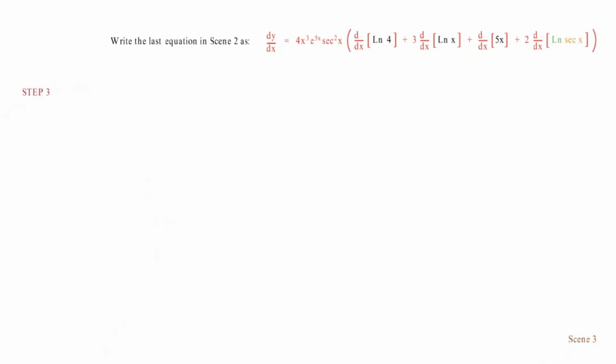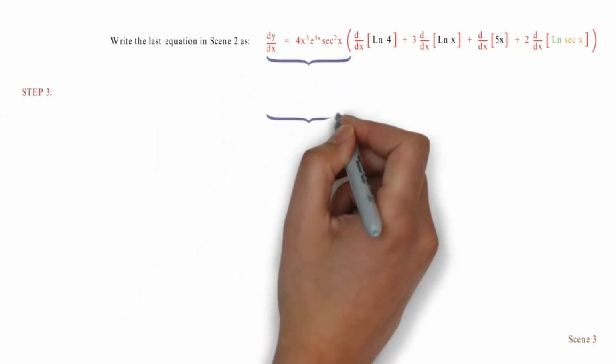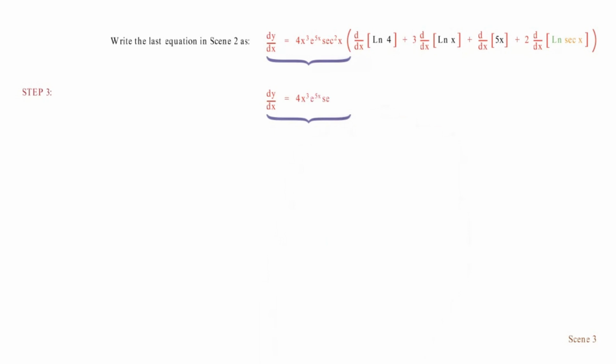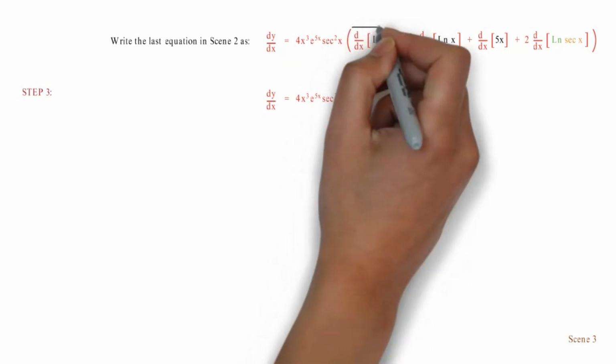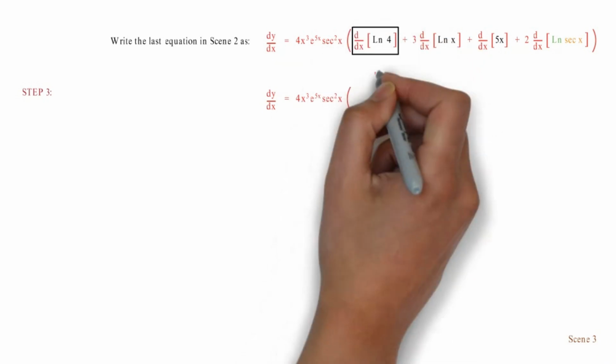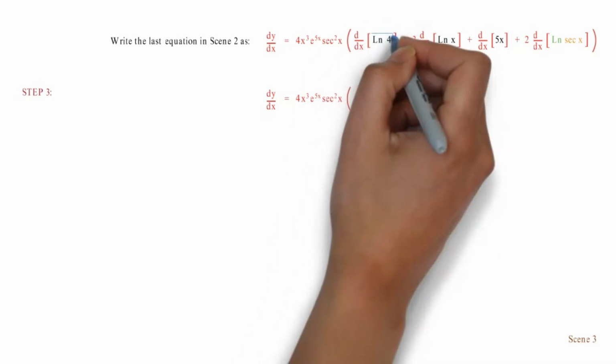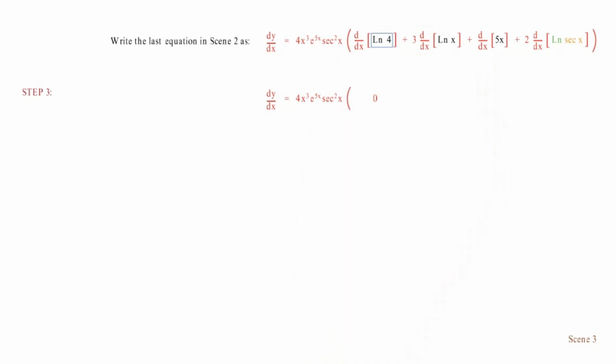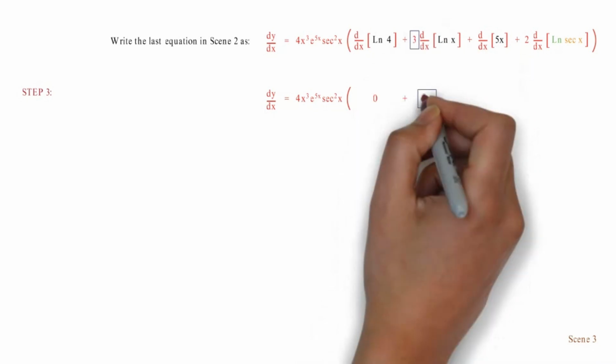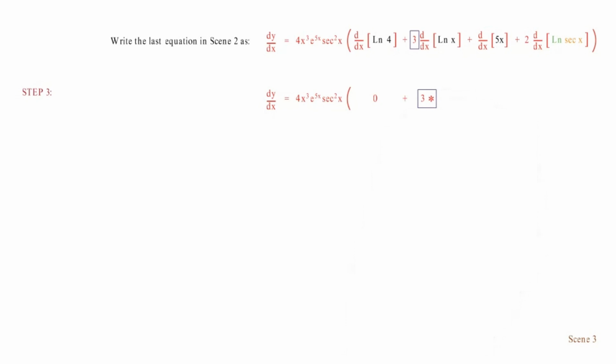Step 3. Bring down. This derivative equals 0 because ln of 4 is a constant. Plus is plus. Bring 3 down as 3 times.